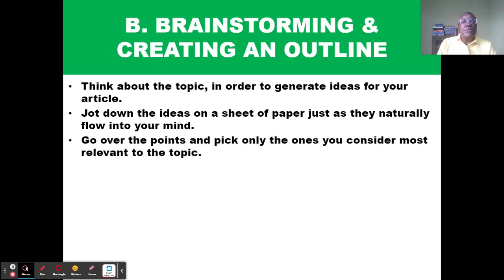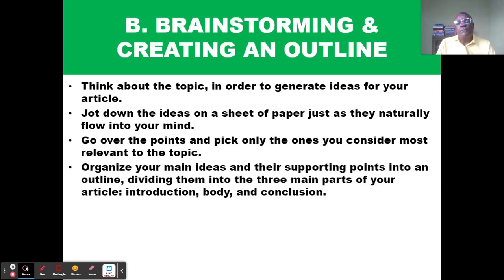That's the simple procedure. After jotting them down, go over the points and pick only the ones you consider most relevant to the topic. Organize your main ideas and their supporting points into an outline, dividing them into the 3 main parts of your article: introduction, body, and conclusion.